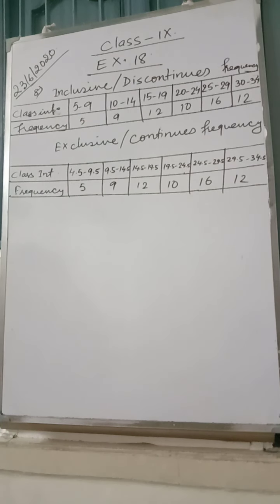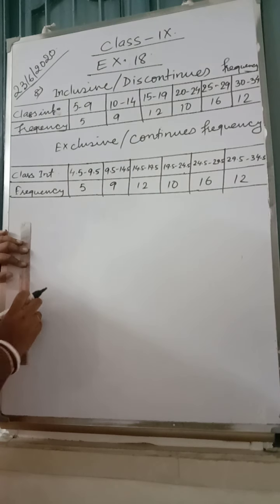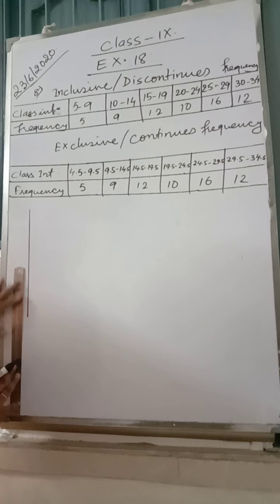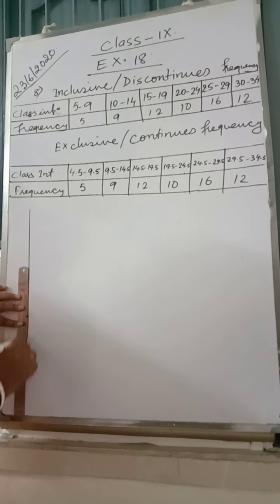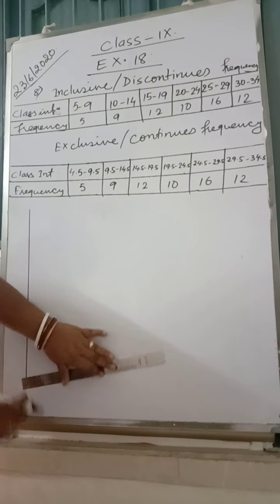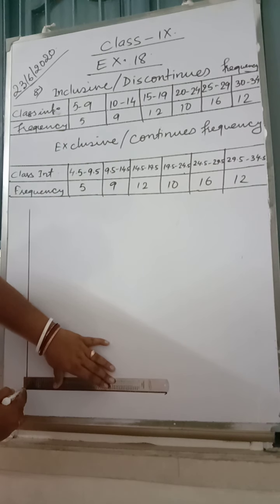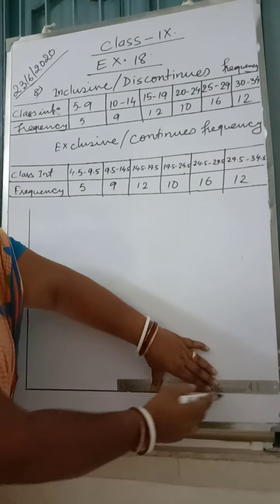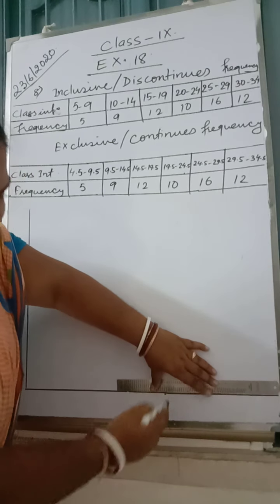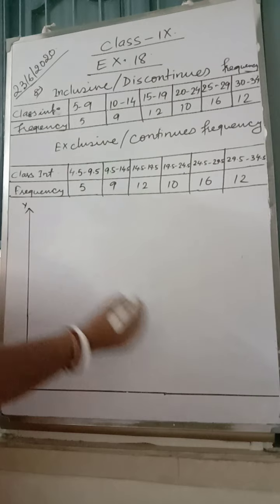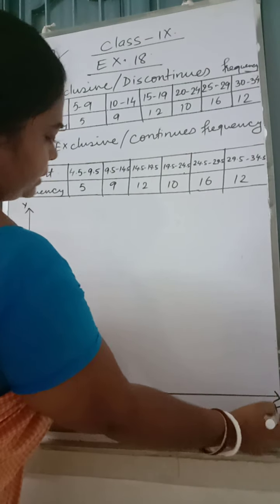For this data, what are we going to do? We are going to draw first the two axes, that is the y-axis and the x-axis. This is y and this is x.